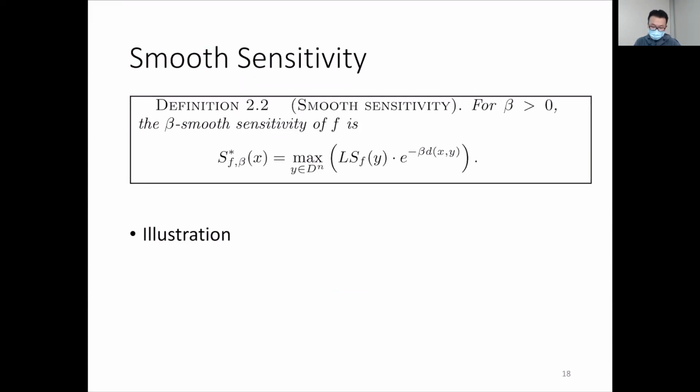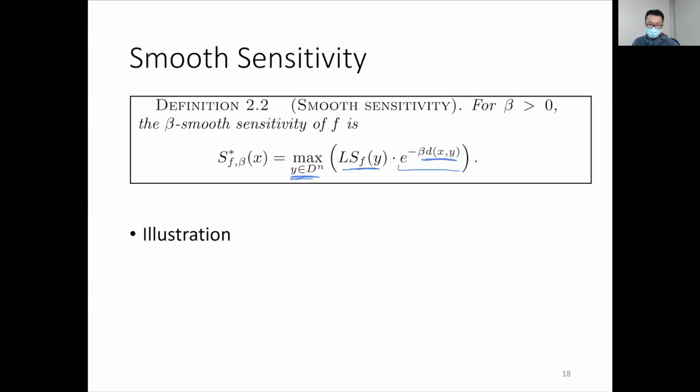What it does is enumerate over all possible data sets Y in the data universe, and look at how far away Y is from your input data set, in terms of how many data points you have to replace before X becomes Y. Then you calculate the local sensitivity at this chosen data set, but make it exponentially smaller according to how far away you are from the current data set.